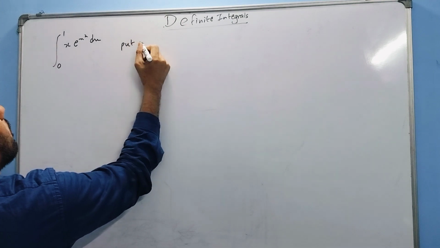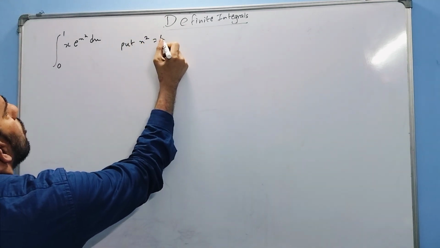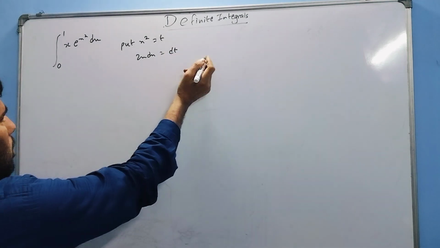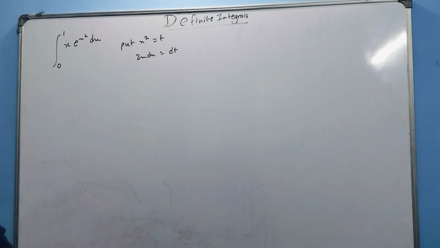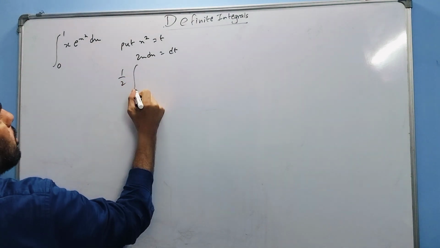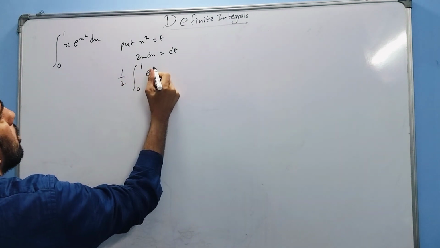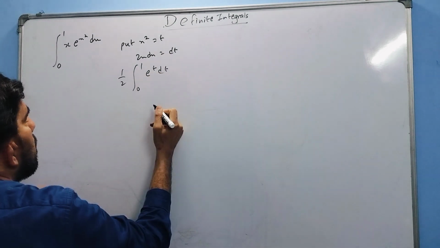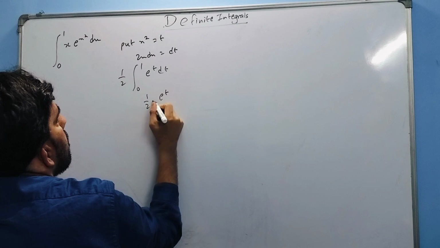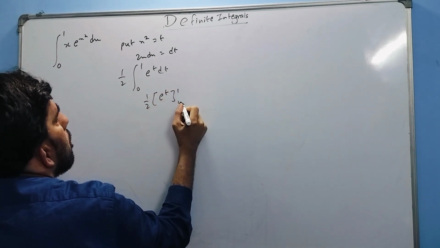Just put x² equal to t, so 2x dx is equal to dt, and x dx will be dt upon 2. So I can put it like this: half of e raised to the power t dt. Now we know the integration of e^t, plus c.